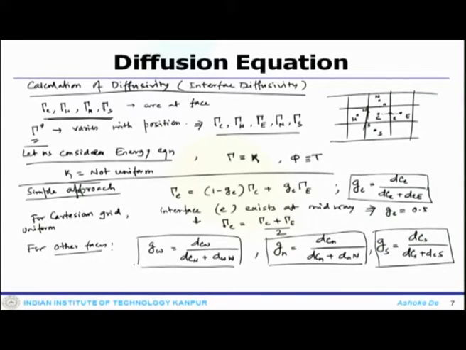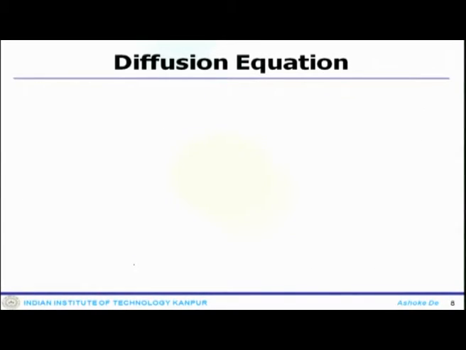This is the distance based interpolation.